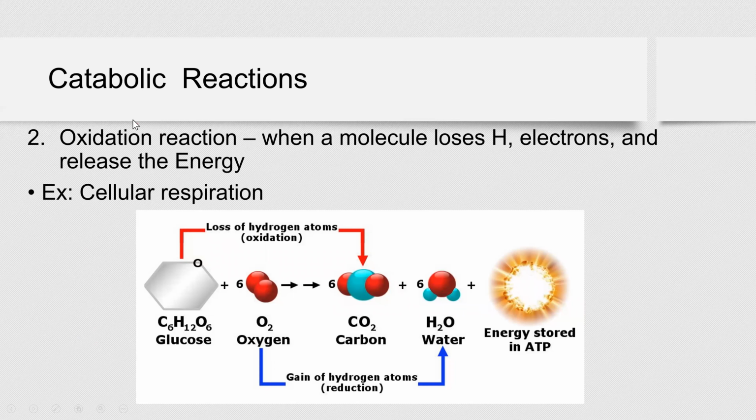Or another example of a catabolic reaction is a very, very famous one, cellular respiration. It happens inside your cells when your cells use glucose and oxygen to create ATP. So glucose has lots of energy inside, right? You want to break those chemical bonds between carbon, hydrogen, and oxygen.